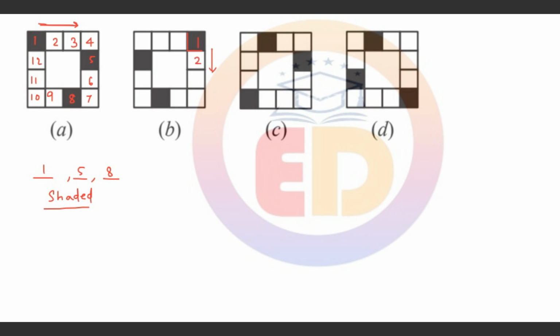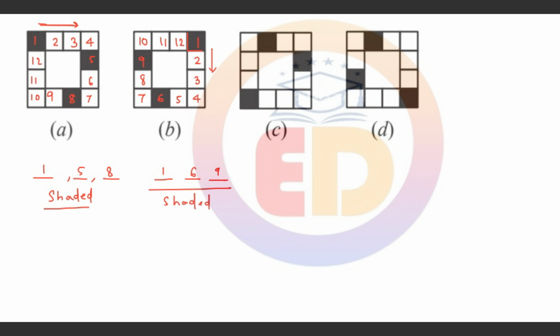This will become number 2, 3, 4, 5, 6, 7, 8, 9, 10, 11 and 12. So again, when we started the numbering from the corner square, which is shaded, and when we go to the clockwise direction, the first square, the sixth square and the ninth square are shaded.